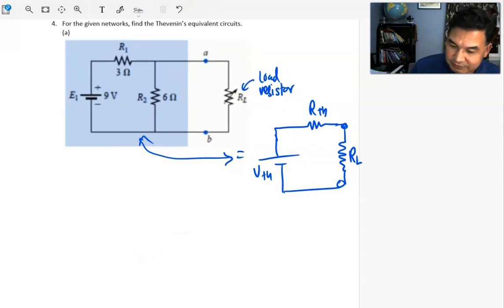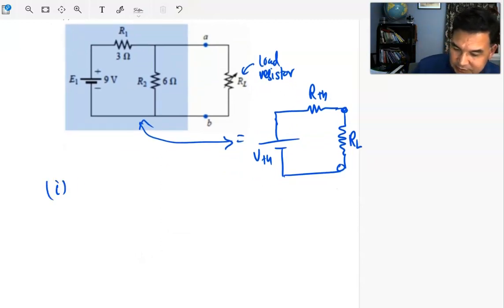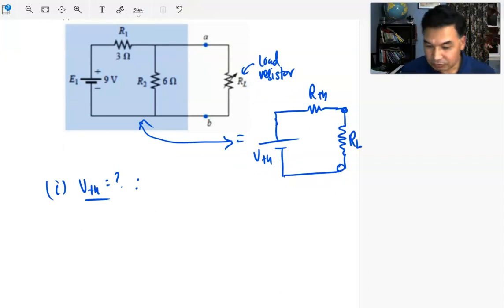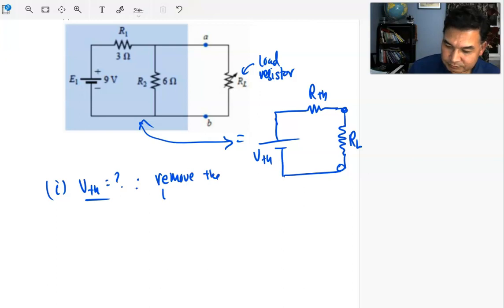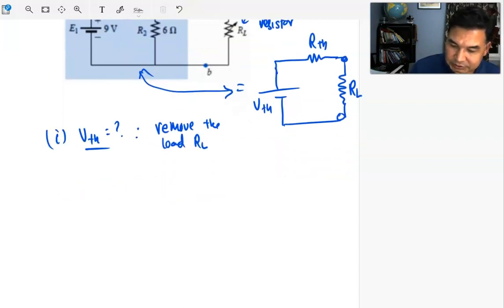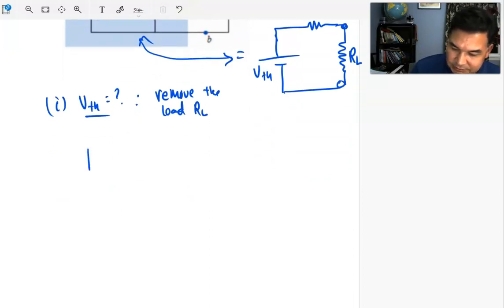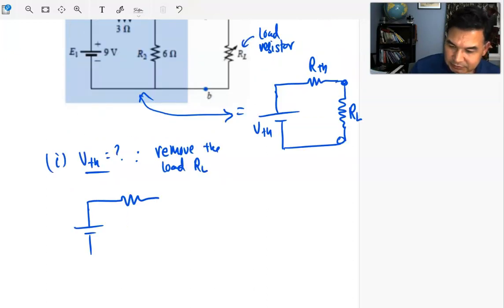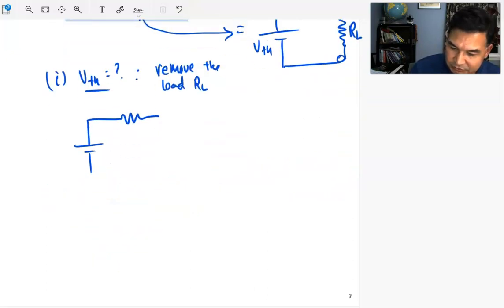So what's the rule? To find the Thevenin voltage, based on the rule, first remove the load resistor. Then you have 3 ohm and 6 ohm, and the load is removed.